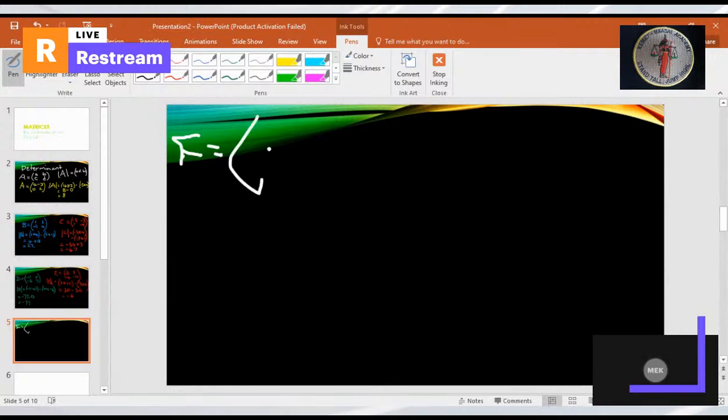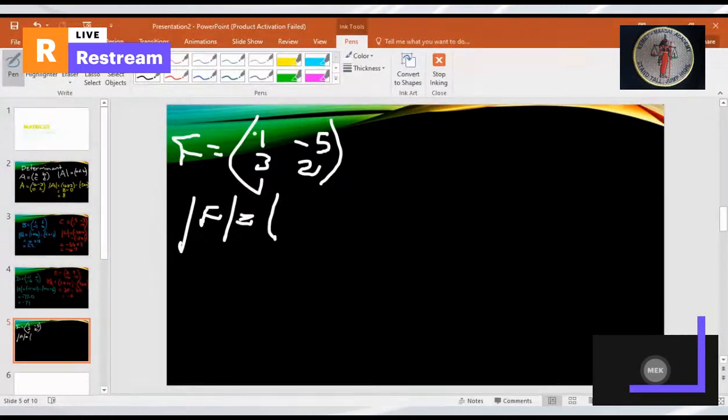So F, matrix F. So that's 1, 3, -5, 2. The determinant of F would be 1 times 2, so A times D, minus -5 times B times C. And that's 1 times 2 is 2.